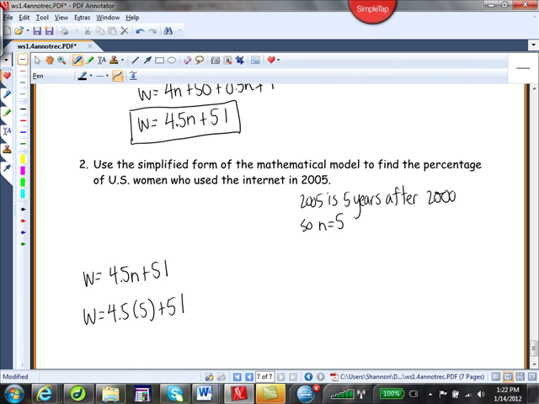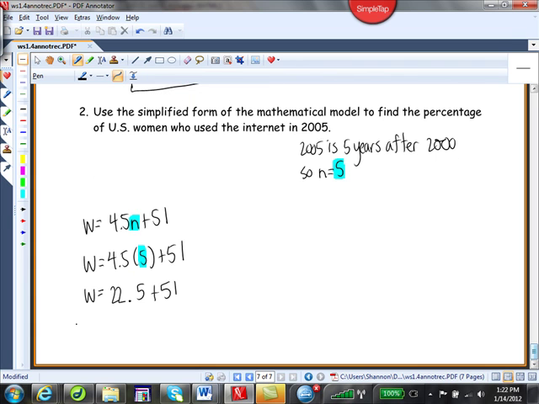And this is where we're getting the 5, plugging that in for n. And we will get W equals, so we'll have, let's see, 5 times 5 is 25. I believe we'll have 22.5 plus 51. So W will be 73.5.